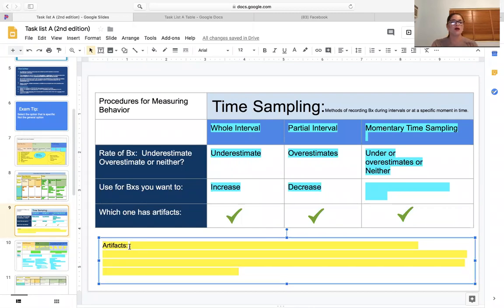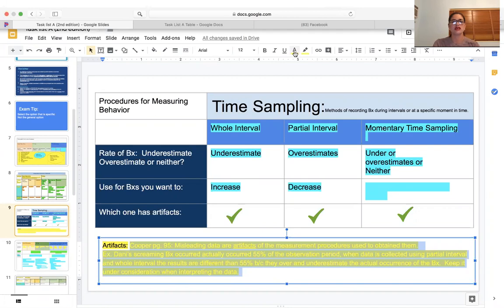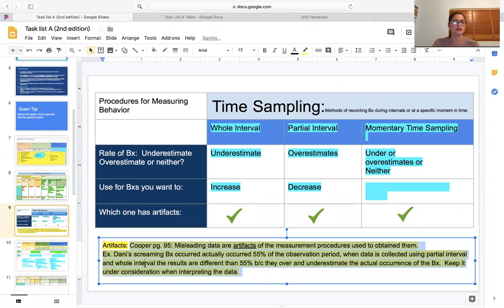So, who remembers what artifacts are? Let's go over it, because that's tricky. Artifacts, according to Cooper, is misleading data. The data are artifacts of the measurement procedures used to obtain them. So basically, it's misleading data.